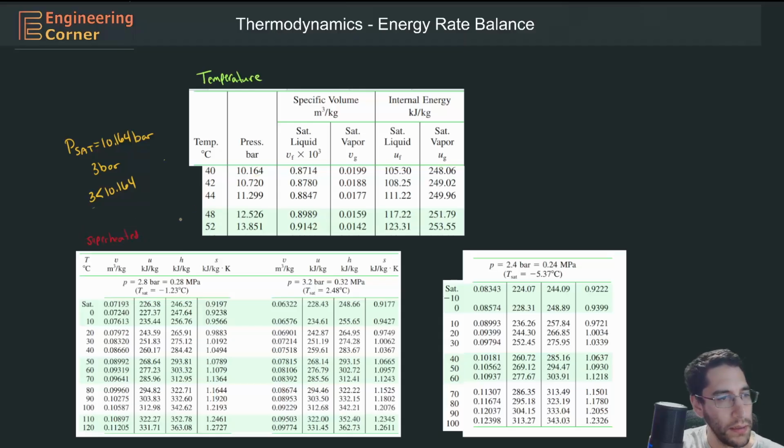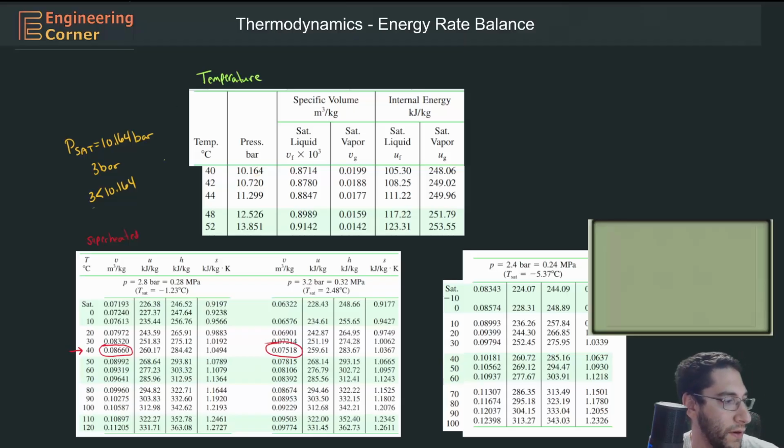Okay, so now we have to look up our pressure. It turns out that 3 bar isn't actually listed, but it is directly in between 2.8 and 3.2. What that means is I can interpolate, or take an average of these entries, and that will give me my property. So I go to 40 degrees Celsius, and I'm looking for my specific volume. I'm going to take this, take this, add them together, and take the average.